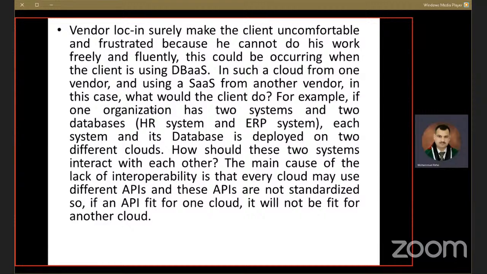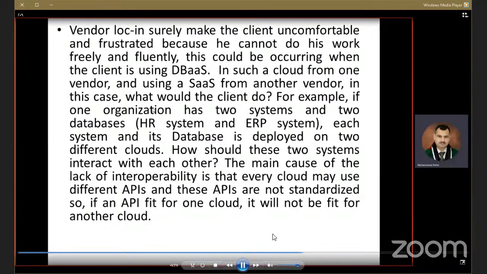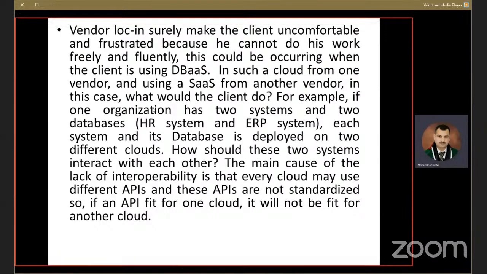Vendor lock-in surely makes the client uncomfortable and frustrated because he cannot do his work freely and fluently. This could occur when the client is using database as a service from one vendor and software as a service from another vendor. In this case, what would the client do?